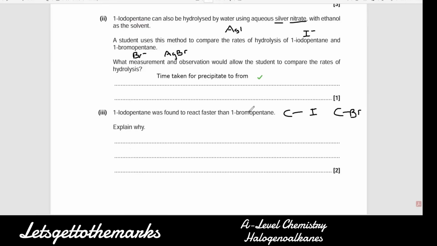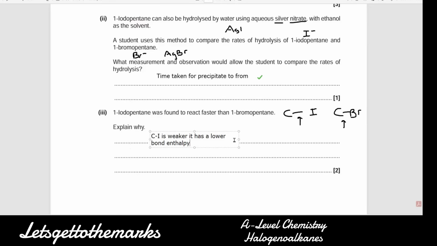When we're looking at the halogenoalkanes or haloalkanes and seeing the rate of hydrolysis, we're really looking at the strength of this bond. So which bond is stronger? Well, we're going to say the C-I bond is weaker than the C-Br bond. It has, and this is the key, a lower bond enthalpy.